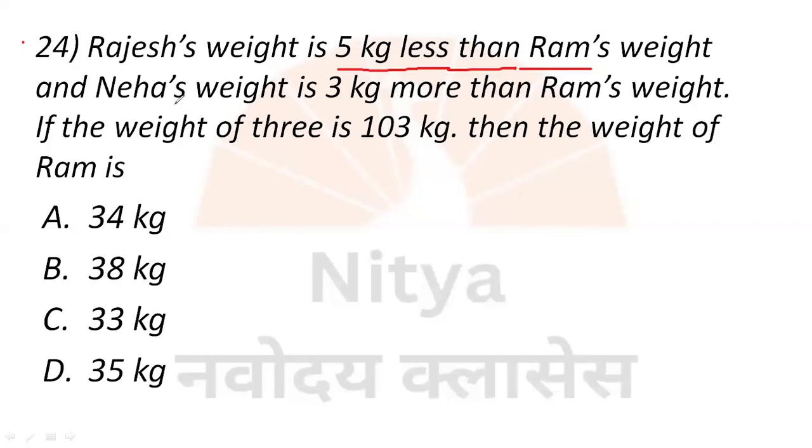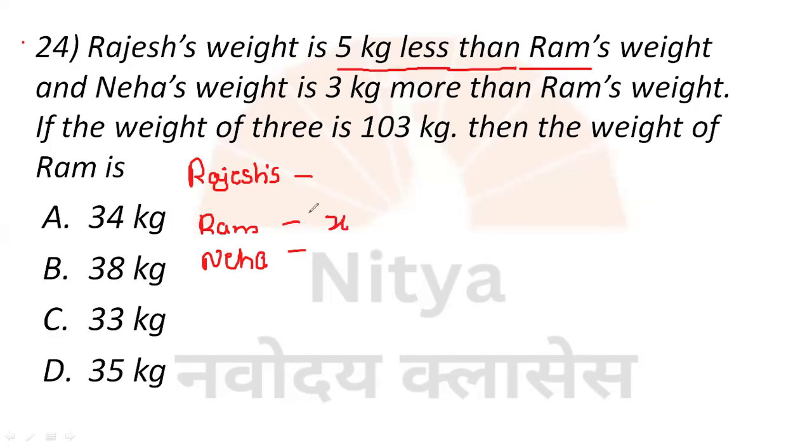So there are three people: Rajesh, Ram, and Neha. It means here also Ram's weight is not given, so you can take Ram's weight as x.